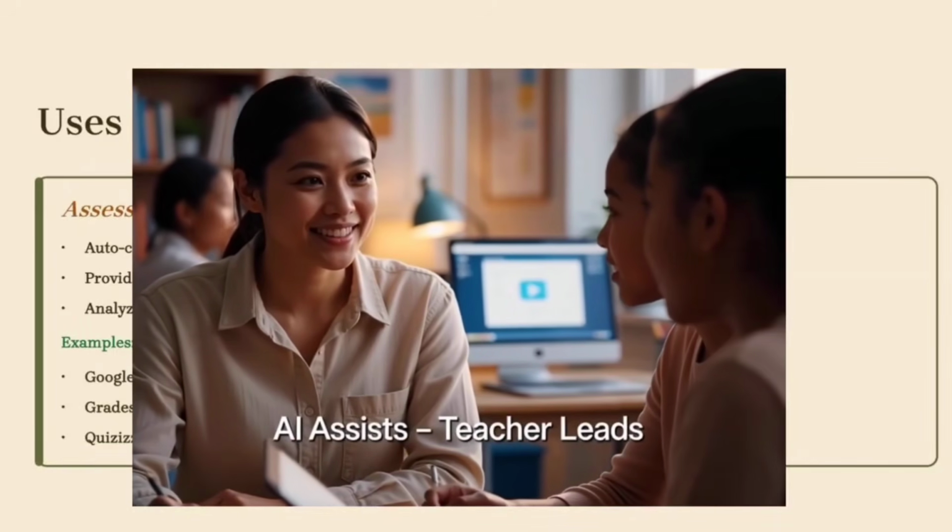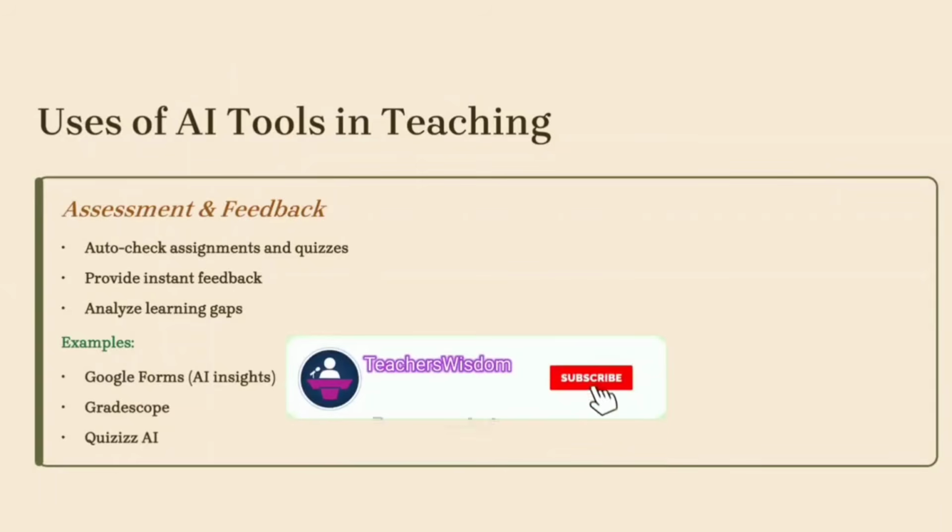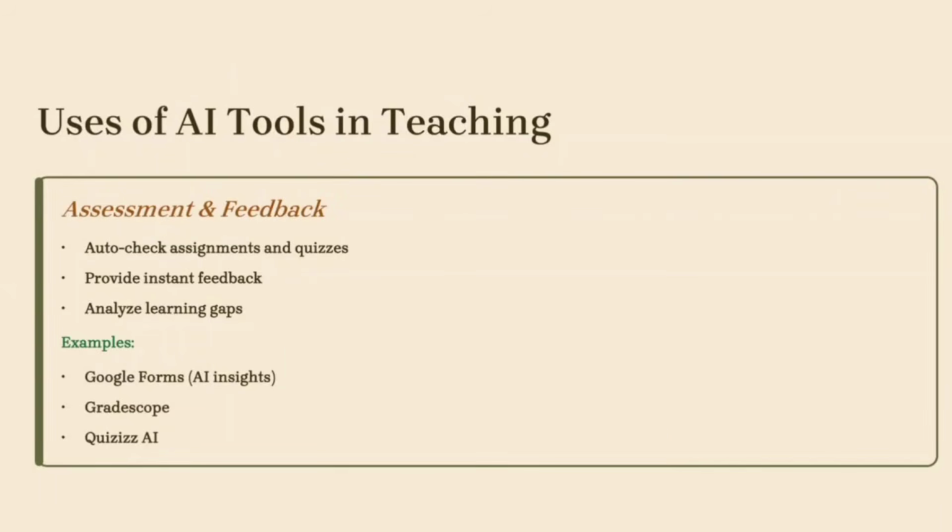We can take an example here. Google Forms instantly analyzes test results. Quiz AI shows which questions most students answered incorrectly. So we can discuss that question in the classroom, why students are not able to answer correctly. This allows teachers to focus more on guidance, counseling, and mentoring.